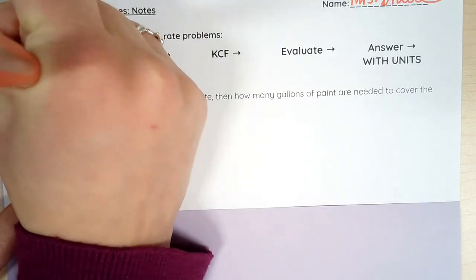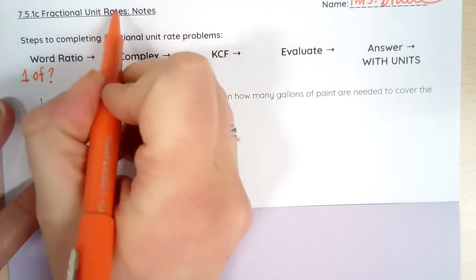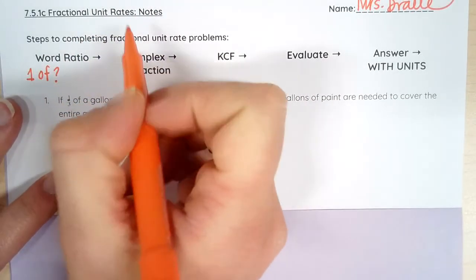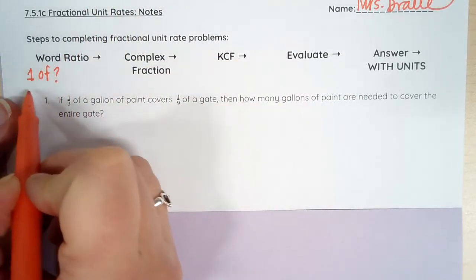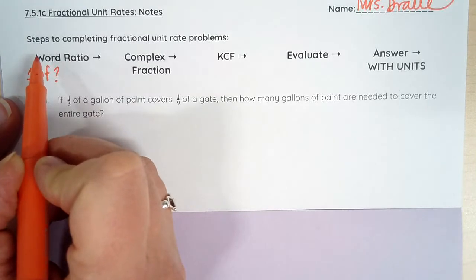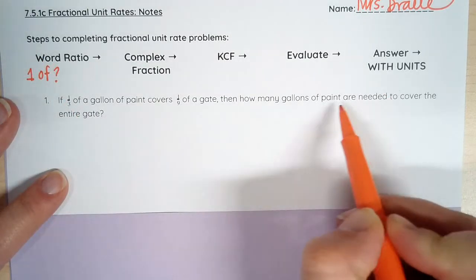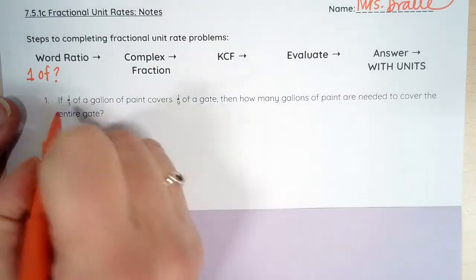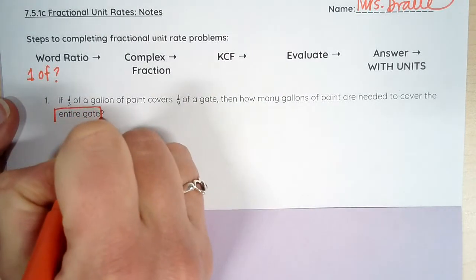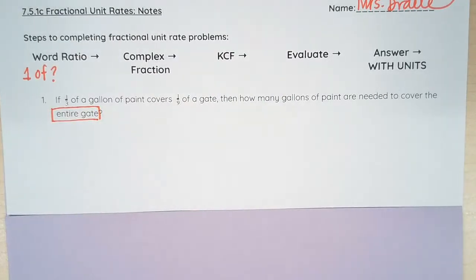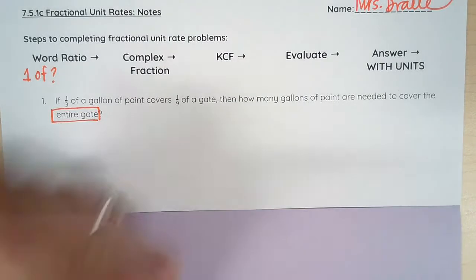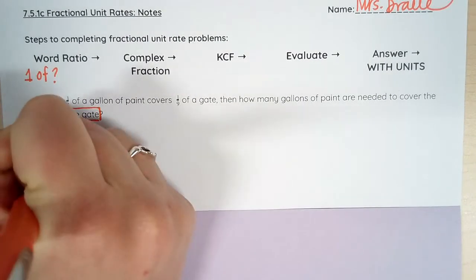Remember that with unit rates, we always have a 1 in our denominator. So we need to think, what do we want one of? Well, here, how many gallons of paint are needed to cover the entire gate? So we want one full gate. Therefore, gate goes on the bottom of our word ratio.